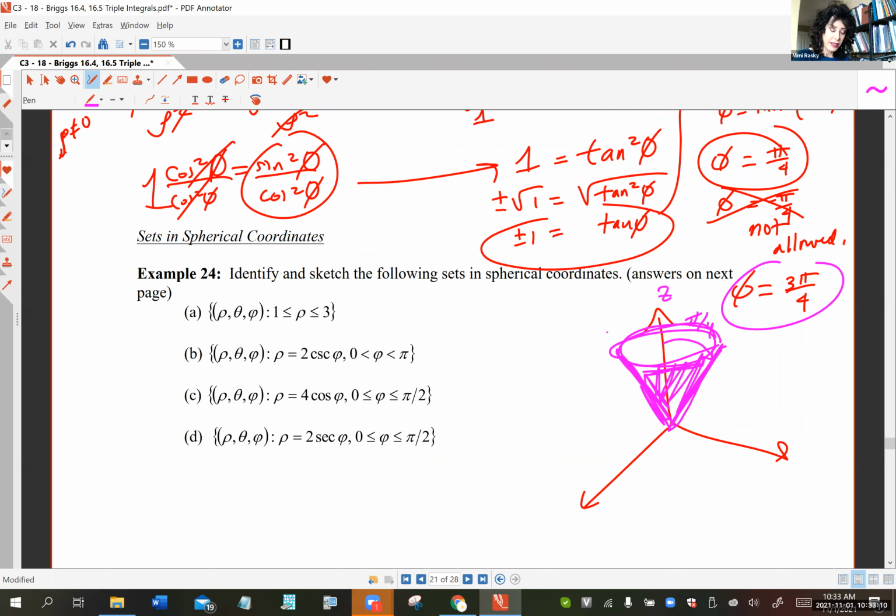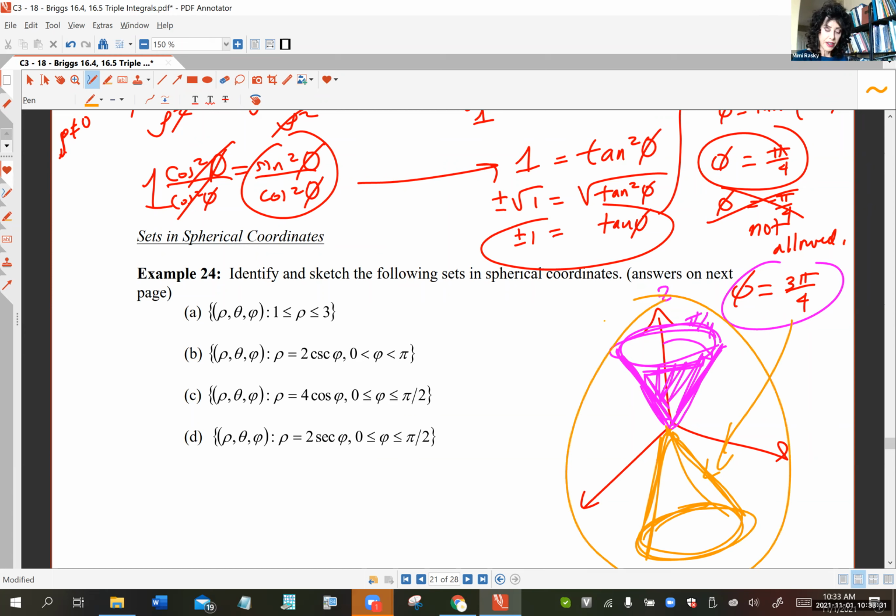And then the 3 pi fourths, this is really cool. This is an angle of 3 pi fourths, all the points, and that turns out to be the lower nap of a cone. So those are cones.